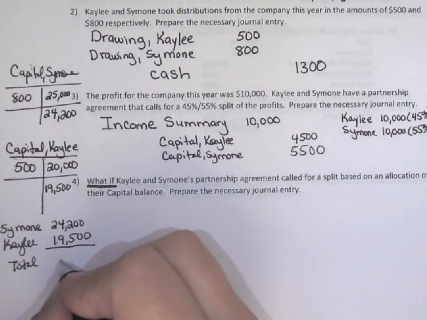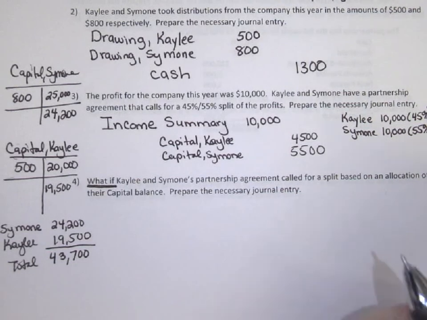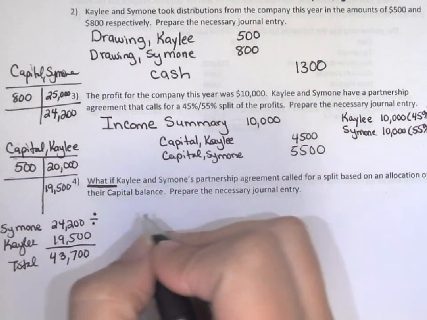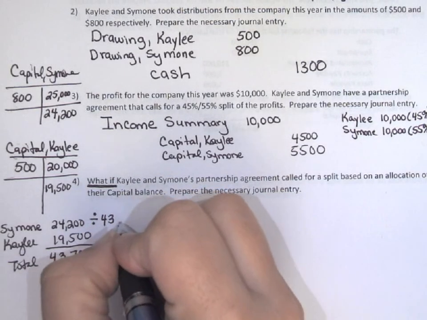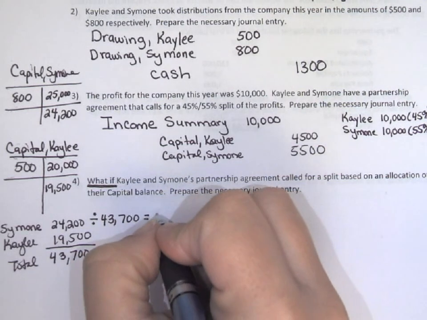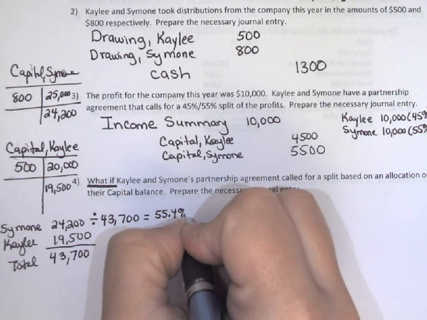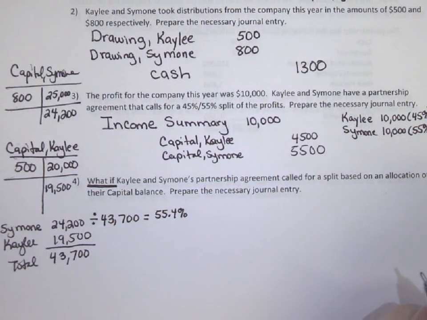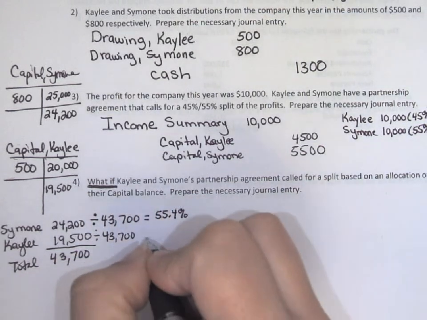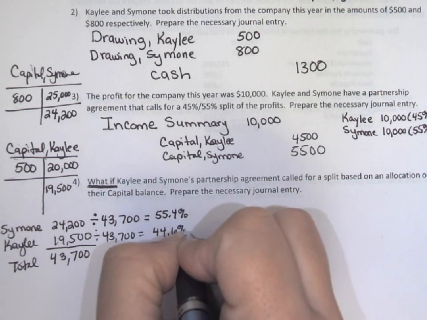Now, under this allocation based on capital balances, we have to figure out what the total amount is. And so the total amount here is $43,700. We would then take their capital balances and divide them by the total amount, which is the $43,700, and in Simone's case, we would end up with 55.4%. When we look at Kaylee's, we would divide hers by that total amount as well, and of the total, she will have 44.6%.